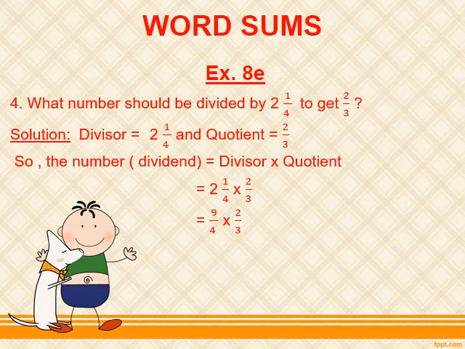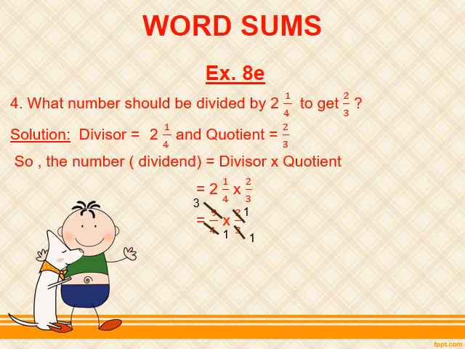Now children, we can divide 9 in the numerator and 3 in the denominator by common number 3. 9 divided by 3 is equal to 3 and 3 divided by 3 is equal to 1. And now we divide 2 in the numerator and 4 in the denominator by common number 2. So 2 divided by 2 is equal to 1 and 4 divided by 2 is equal to 2.